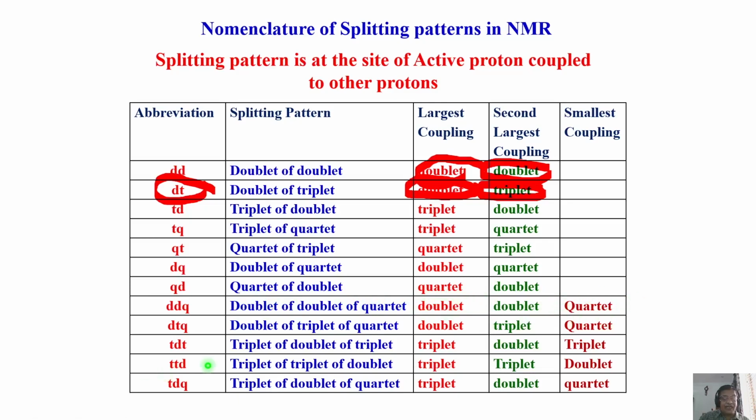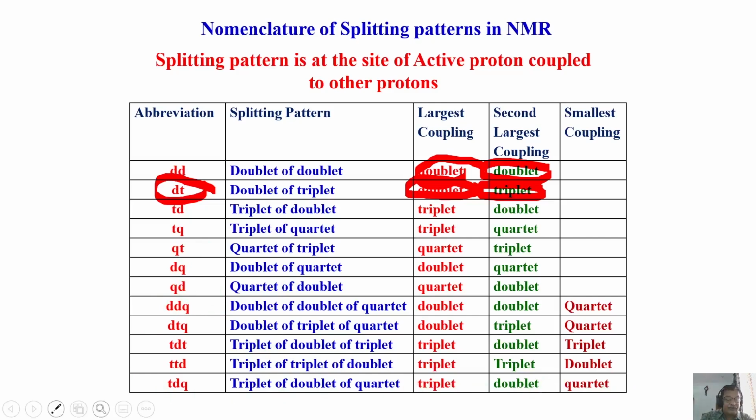If I say TTD, triplet of triplet of doublet, the first and largest coupling is a triplet, the second largest is a triplet, the third is a doublet. So depending upon the first largest coupling, the second largest coupling, and so on in decreasing order, you name your multiplicity, like TD, TQ, QD, quartet of doublets, doublet of quartets, TDQ, triplet of doublet of quartet, like that.